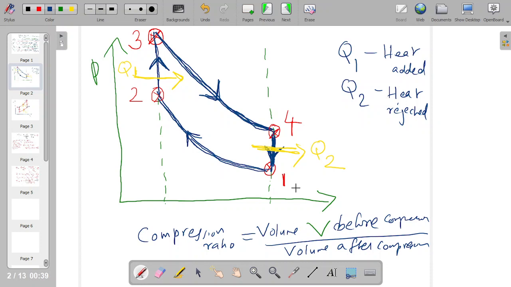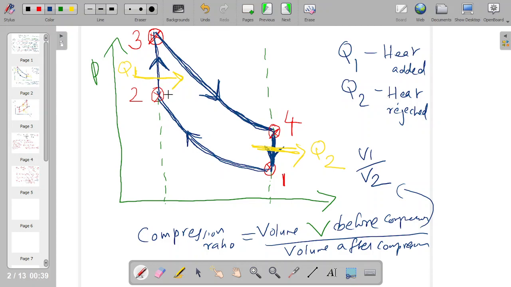How much volume is available before starting the compression? That is the first process, reversible adiabatic compression. Before starting we have V1 volume available, and after compression we have only V2 volume. So this will be V1 by V2.